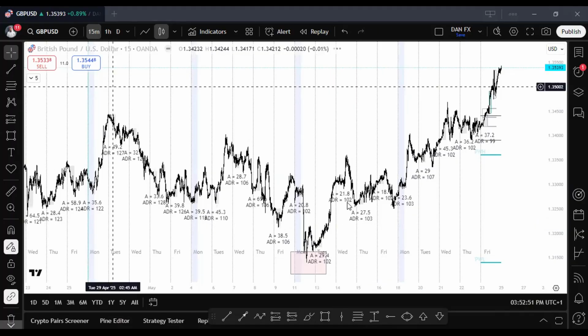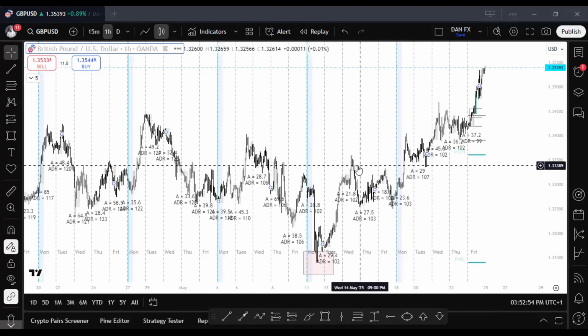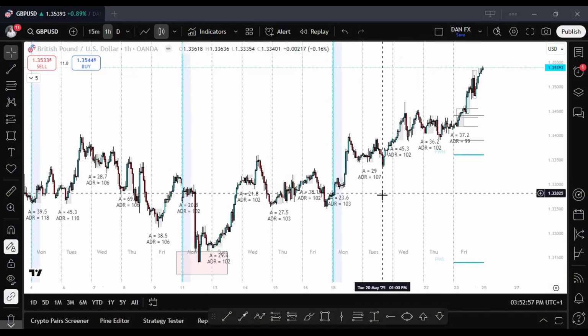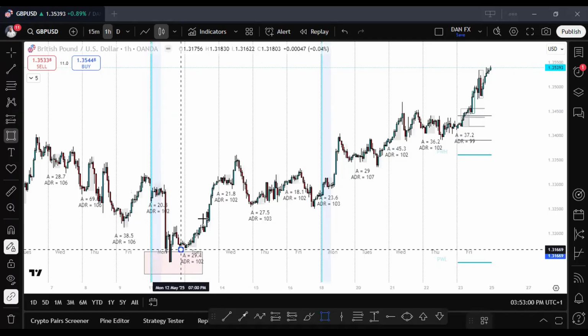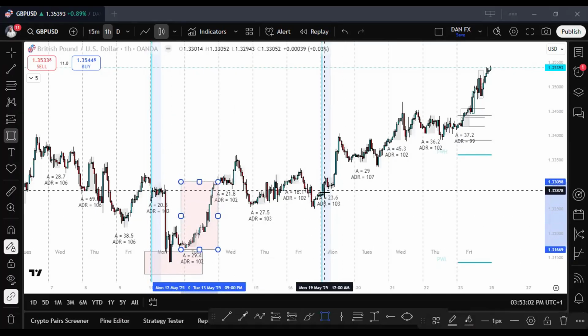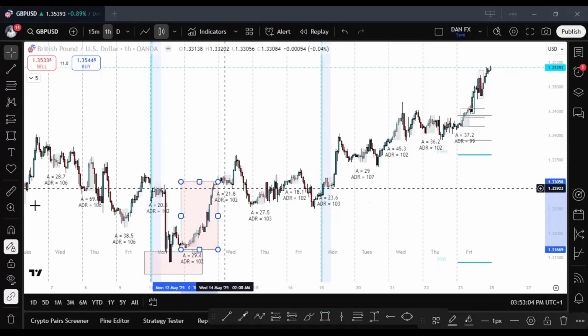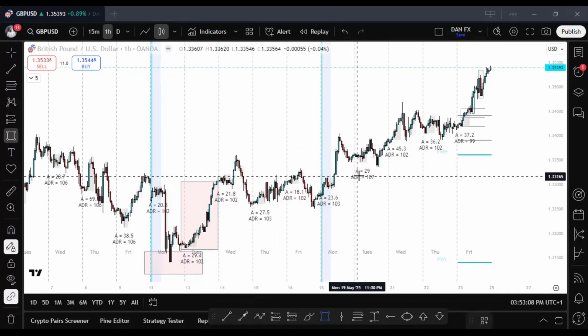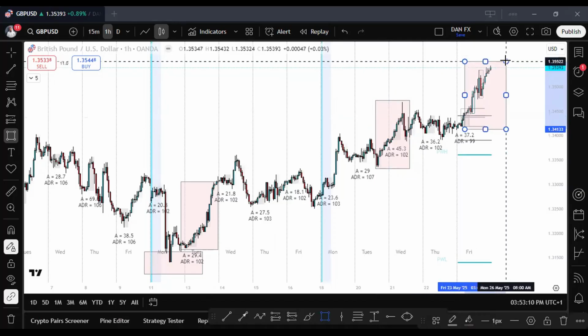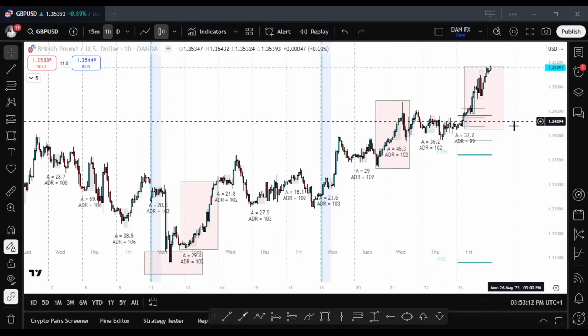So if we go to the 1 hour chart here, we need to identify what trend we are in first of all. For my understanding, this is going to be level 1. And then this is consolidation, so this is going to be level 2. And this is going to be level 3. Next week, we can expect price to reverse back down.